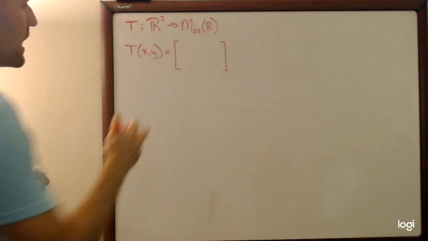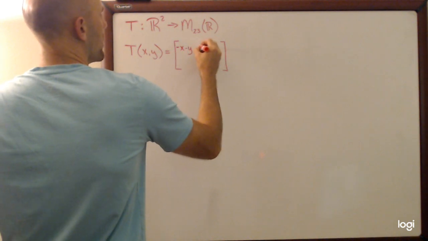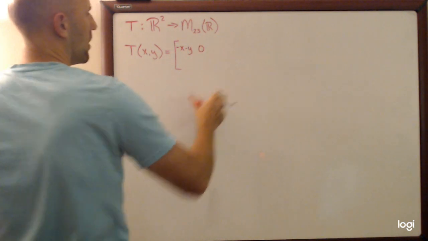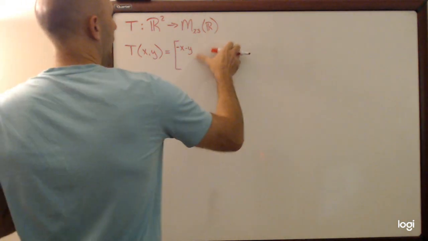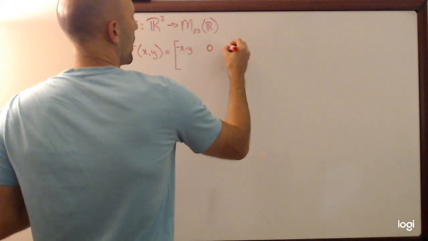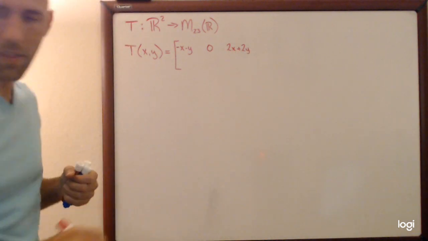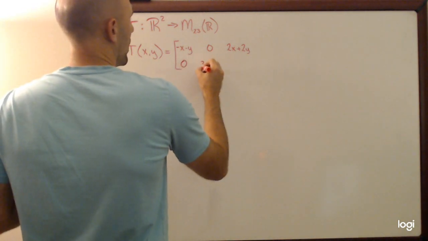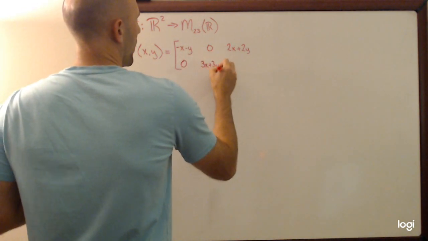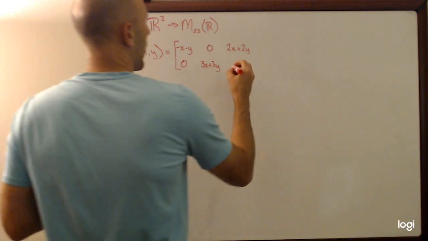We have negative x minus y, 0, 2x plus 2y, and then 0, 3x plus 3y, and negative 9x minus 9y. Okay.